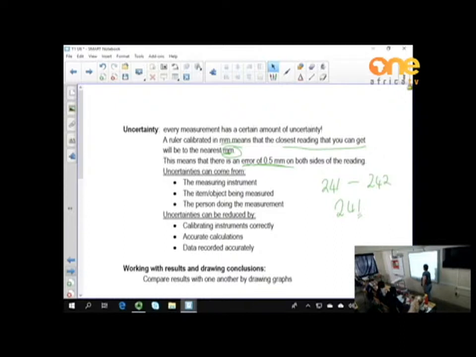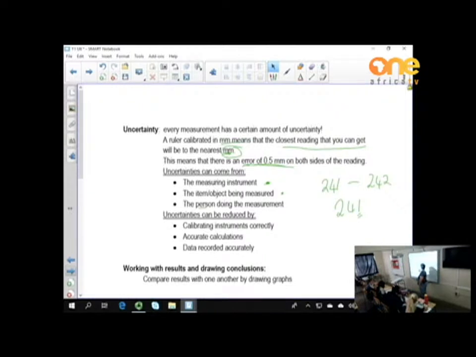The uncertainties come first and foremost from the measuring instrument, then the object being measured, if it's not standing still or if it's a very soft material with not a well-defined edge. There are certain factors that can make it difficult to measure things.